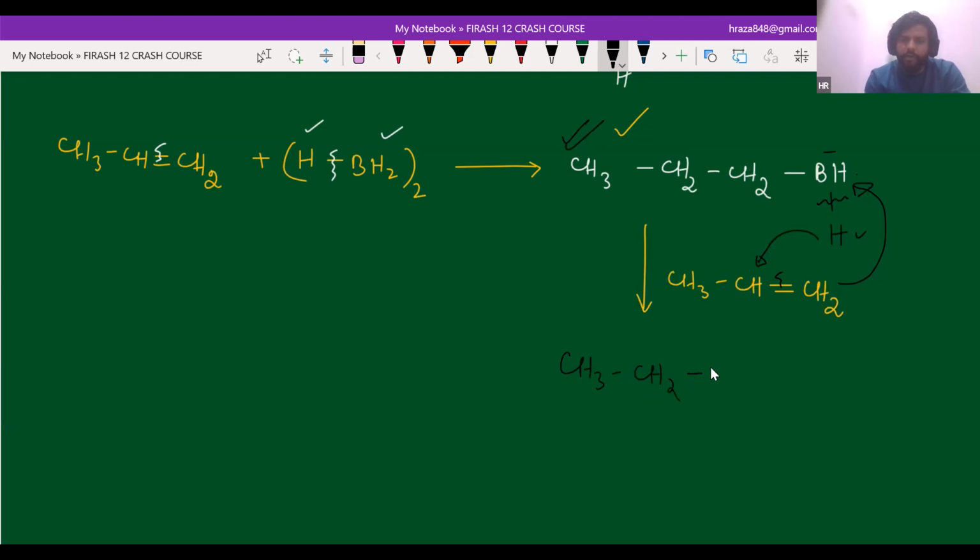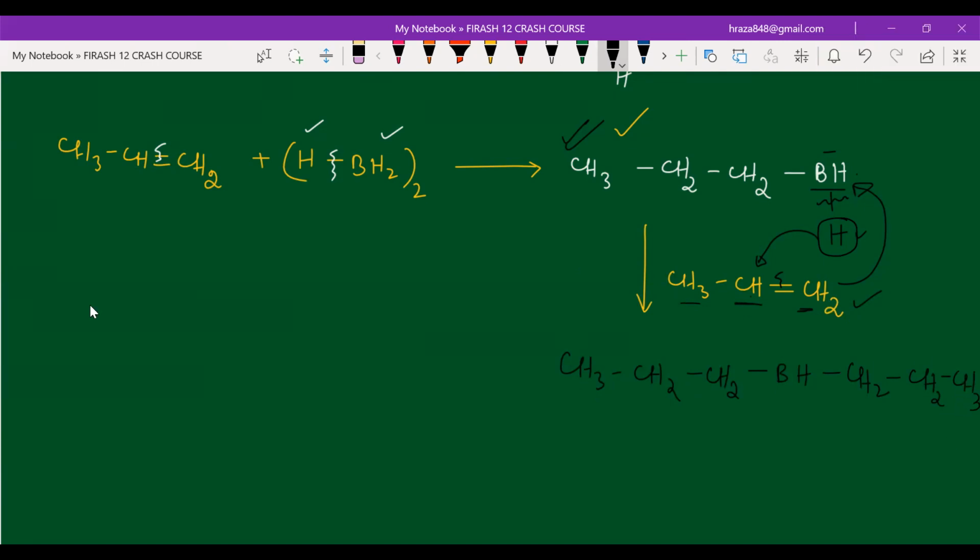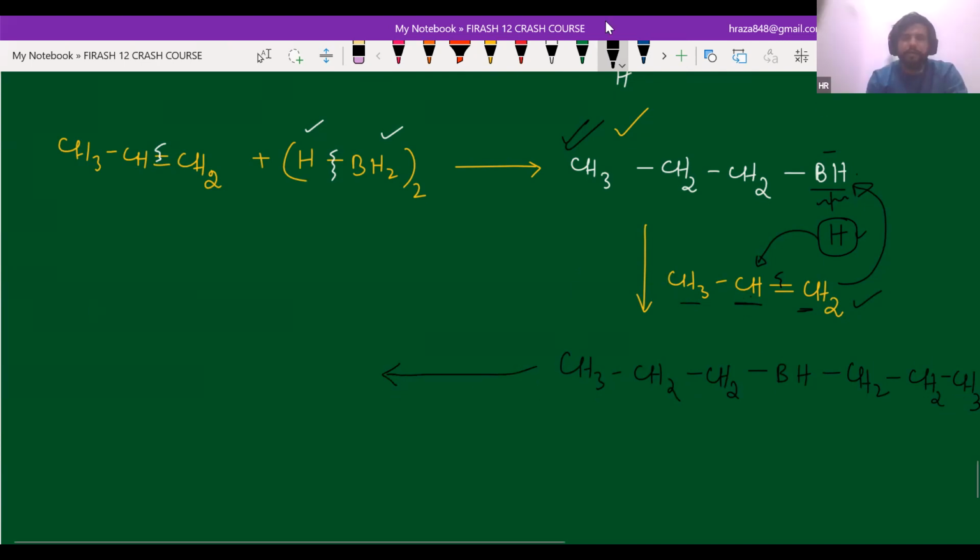CH3, CH2, and then CH2, and then BH, and BH will be connected with this CH2, and this CH2 is connected with this CH, and you can see this CH is attacked by this hydrogen, so it becomes CH2, and after this CH there is CH3. Is that clear? Yeah. And we used the second alkene, and then again the third, CH3, CH double bond, CH2.